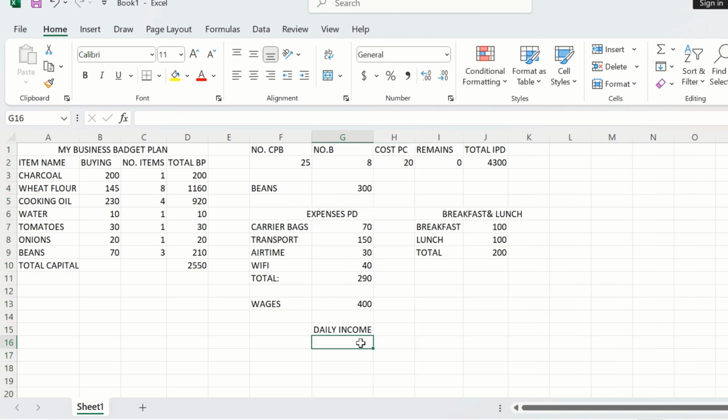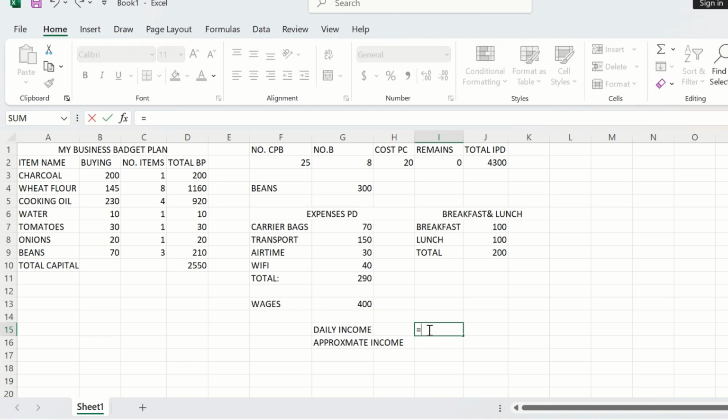Then approximate income per month. Approximate income per month.